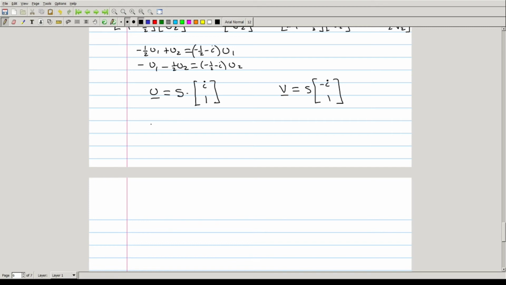So the general solution then is I of t will be of the form c1 e to the lambda 1 times t times u plus c2 e to the lambda 2 times t times v.